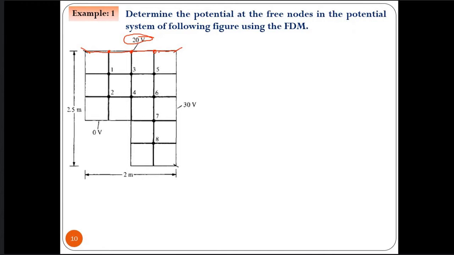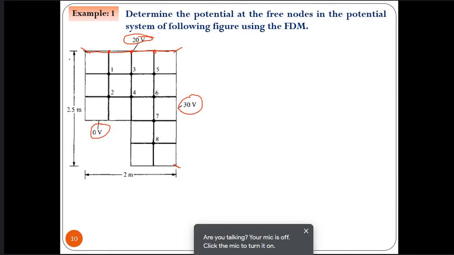Similarly, on this right hand side boundary, the potential is 30 volt. On the left hand side boundary and throughout these lines, the potential is 0 volt.